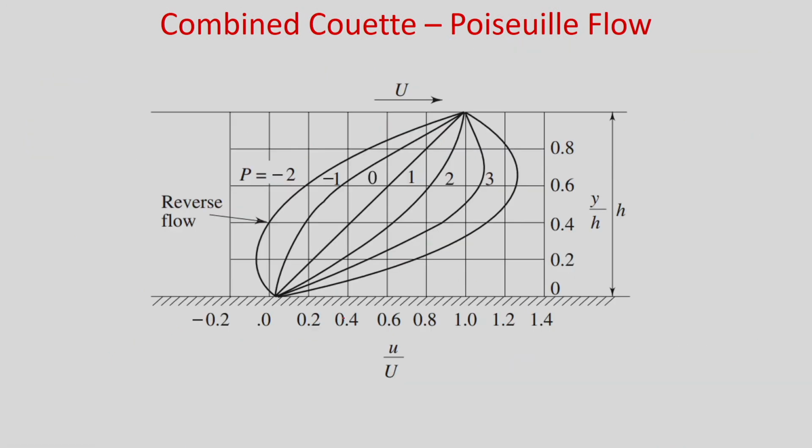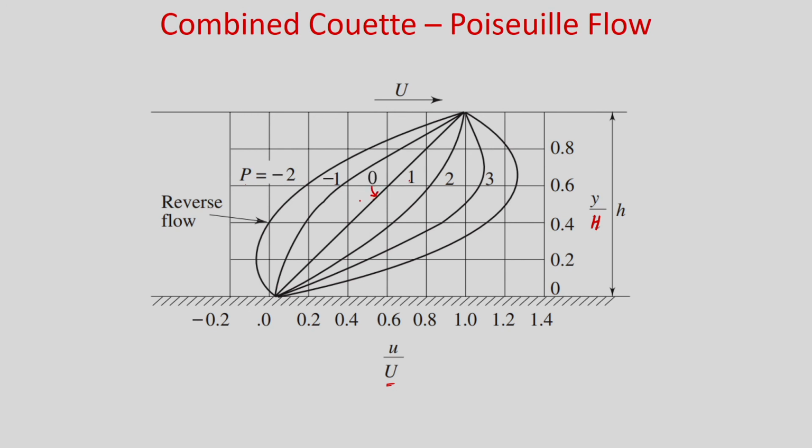So, if you plot this velocity profile for different values of p, this is the non-dimensional velocity u by u, and this is the non-dimensional y coordinate y by h. If you plot it for different pressure gradients, obviously p greater than 0 is a favorable pressure gradient. This is p is equal to 0, and it is a linear profile.